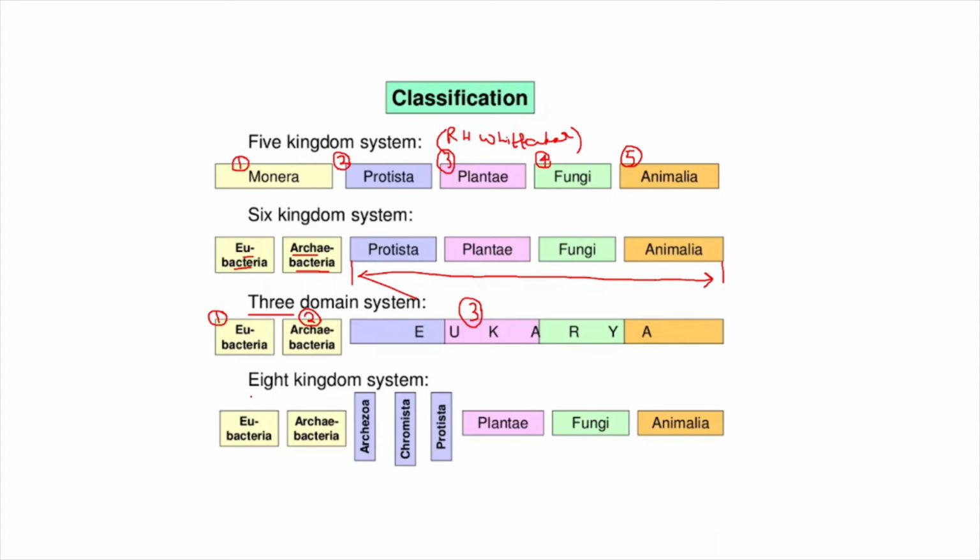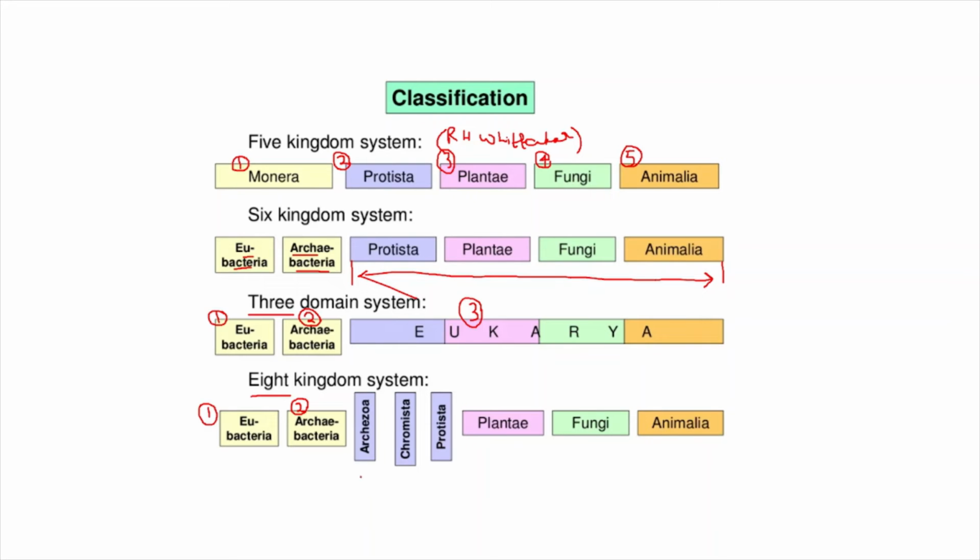So now we actually have an 8 kingdom system of classification, where kingdom Monera has been further split into eubacteria and archaebacteria. Along with that, follow the color code, Protista has been split into 3 kingdoms: Archezoa, Chromista, Protista.